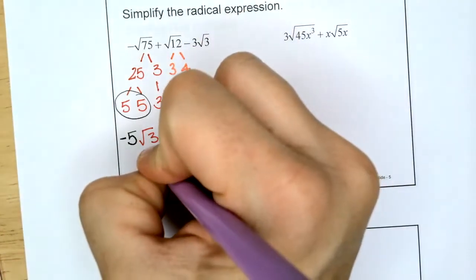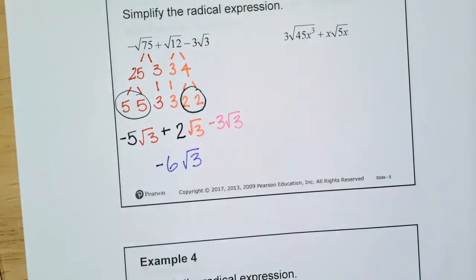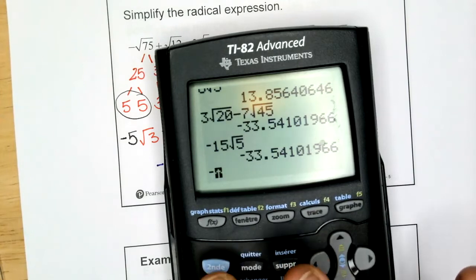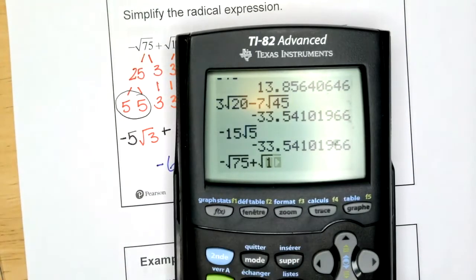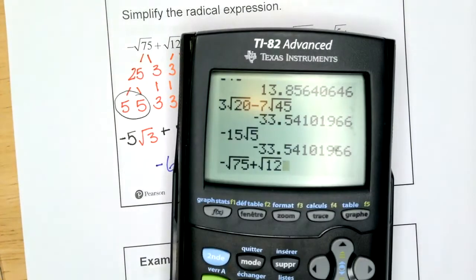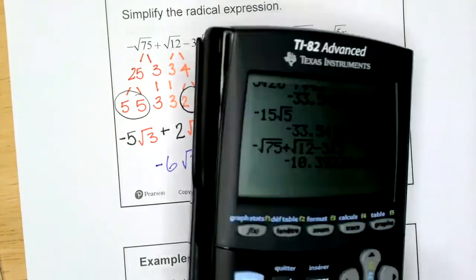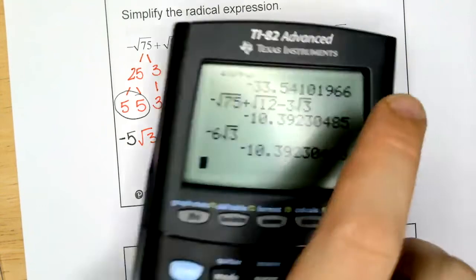But either way, however you do it, you get a negative 6 square root of 3. Negative square root of 75 plus square root of 12 minus 3 square root of 3 is negative 6 square root of 3. Good? Okay.